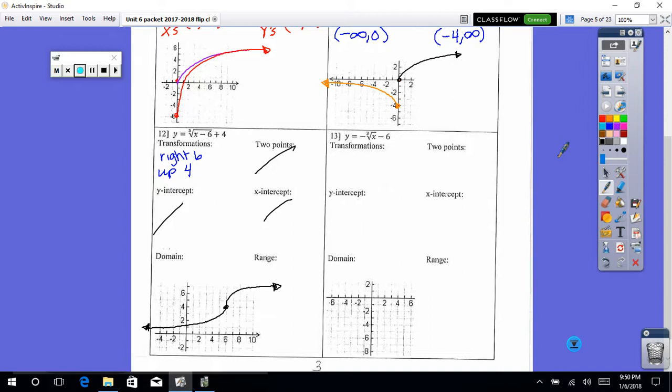The good thing about the cube roots and the cubic function is no matter what we do to them, the domain and range are never going to change. Because there weren't any restrictions on them before, moving them around doesn't change the fact that they don't have restrictions.